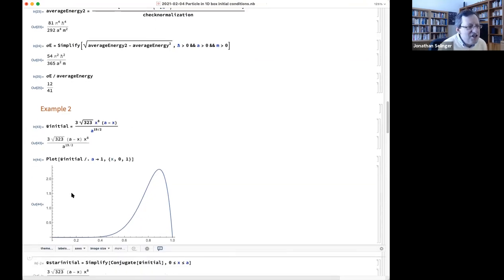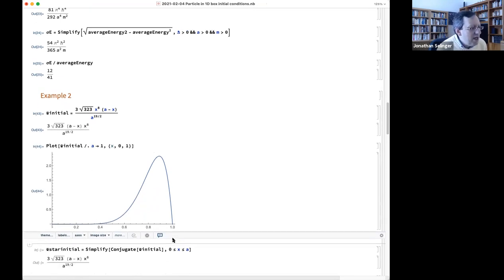So that's this lopsided function like this, with way more of the wave function on the right side and very little on the left side. What would we do if we have this for our initial state?